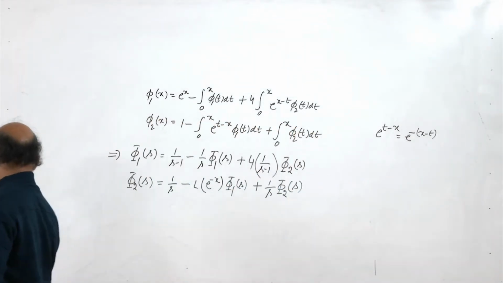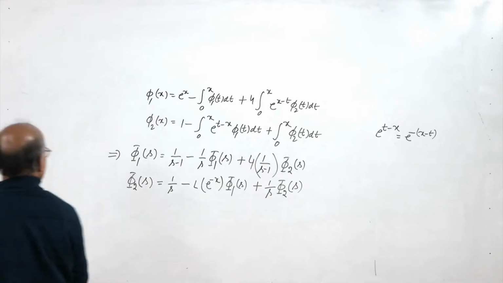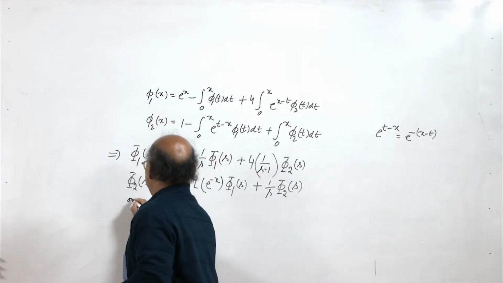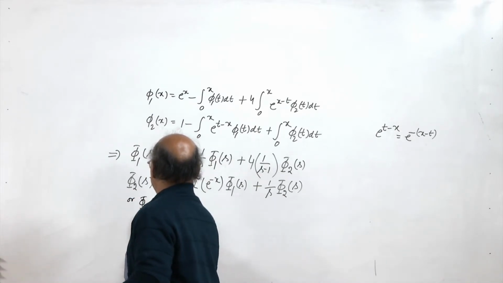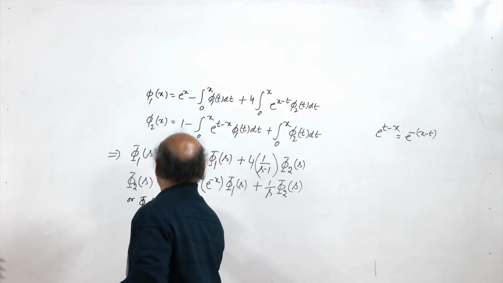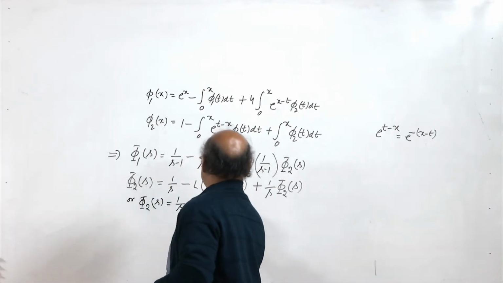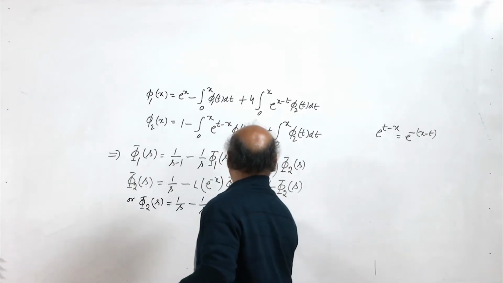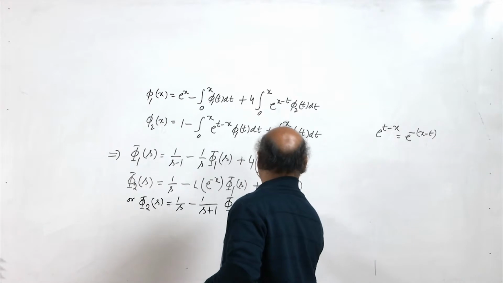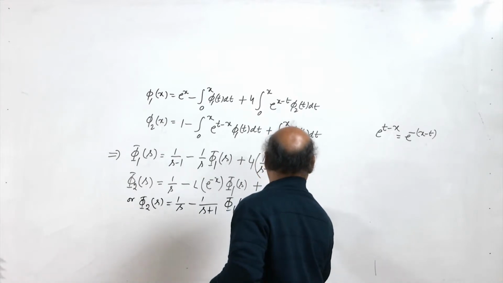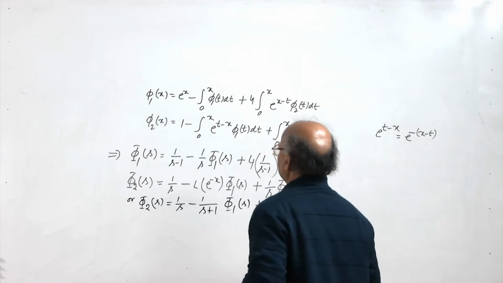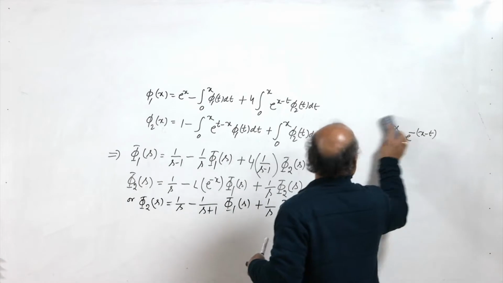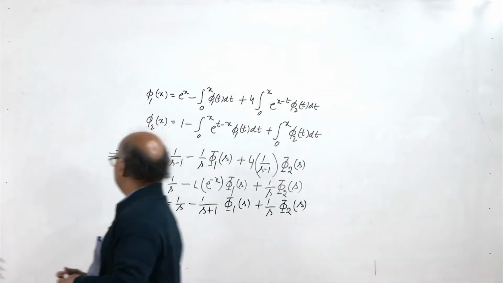So this phi 2 s can be written as 1 over s minus 1 over s plus 1 phi 1 s plus 1 over s phi 2 s.